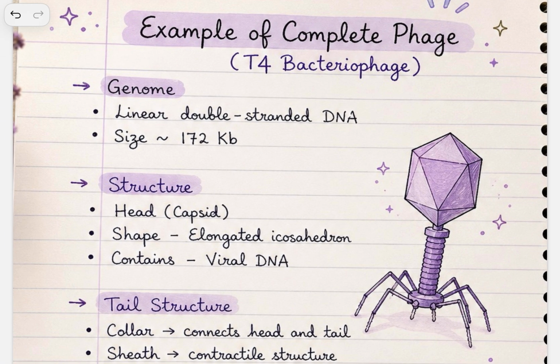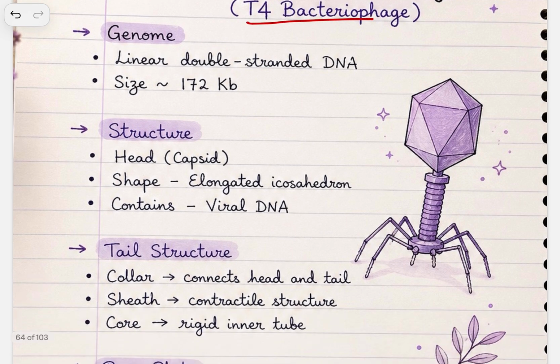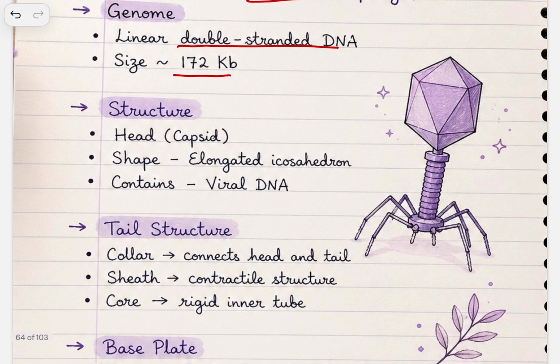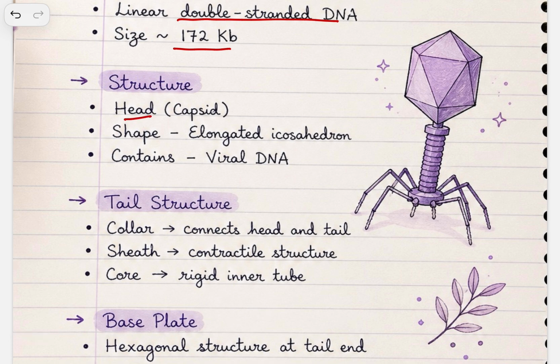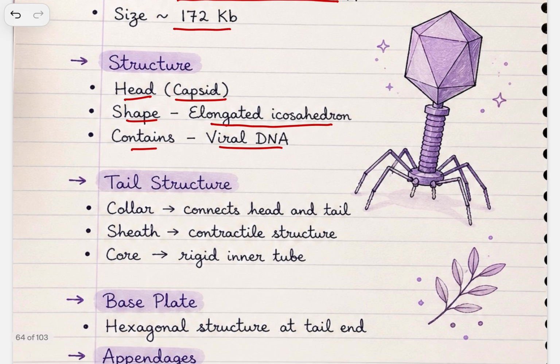Example of a complete phage, that is T4 bacteriophage. Genome, linear double stranded DNA, size is around 172 kb. Structure: they have a head known as capsid. Shape is elongated icosahedral, contains viral DNA. Tail structure: collar, this structure connects head and tail.